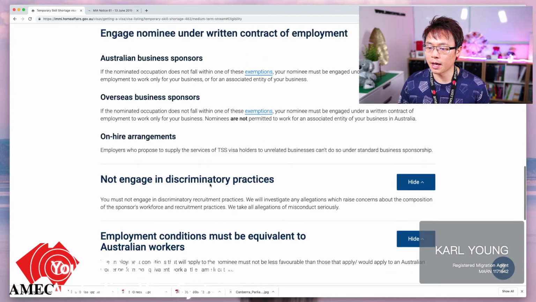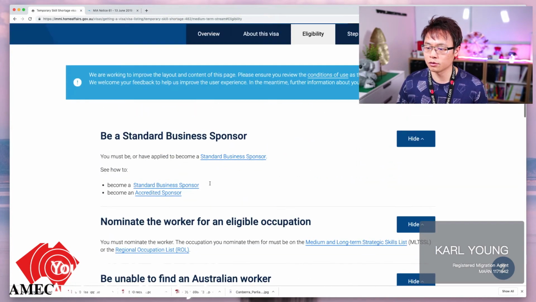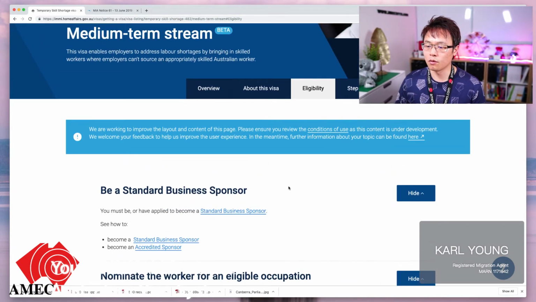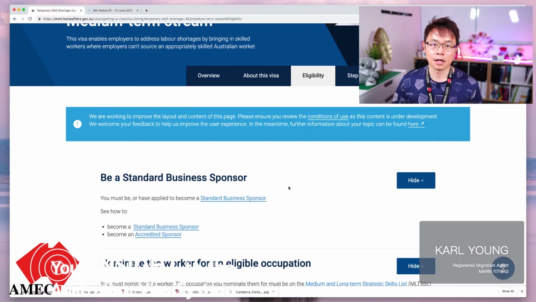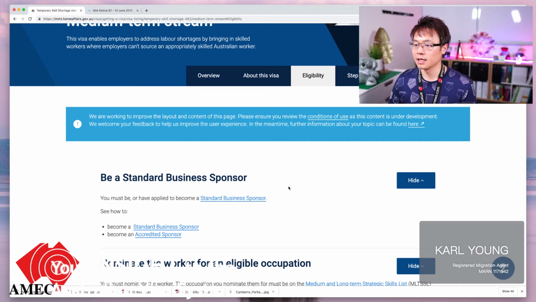Now the other part here is once you do the nominations, they will be required to provide a skilled Australian fund, which is required by the nominated sponsor to actually lodge that there.